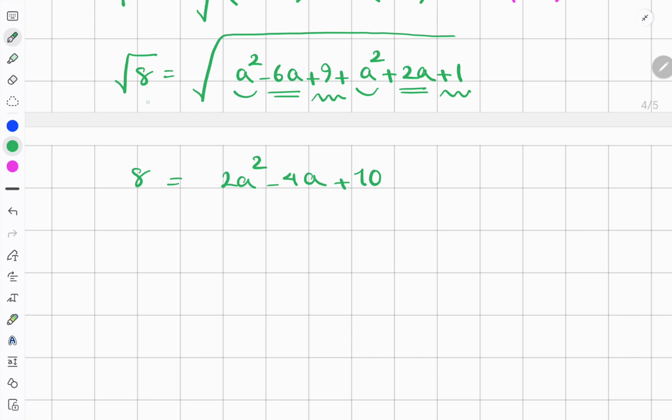In fact, I cancel out these two square roots. Okay, take 8 to the right side of the equation. So 2A squared minus 4A plus 2. This is a quadratic equation.